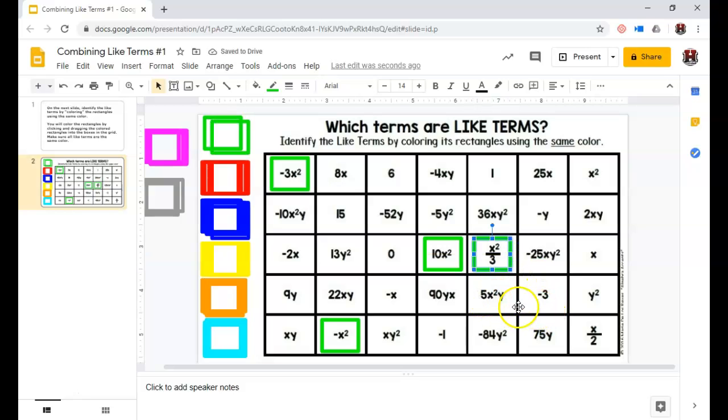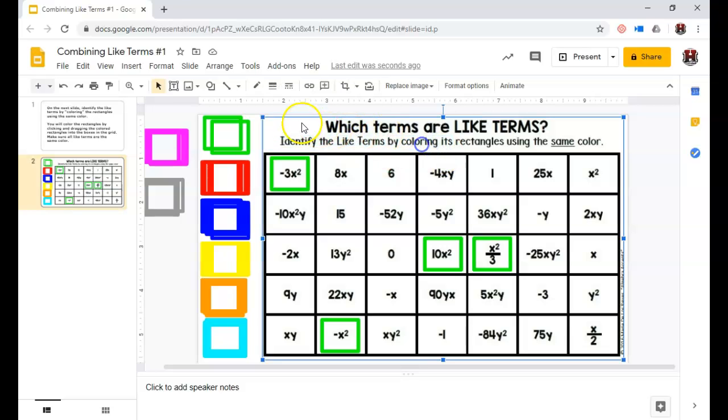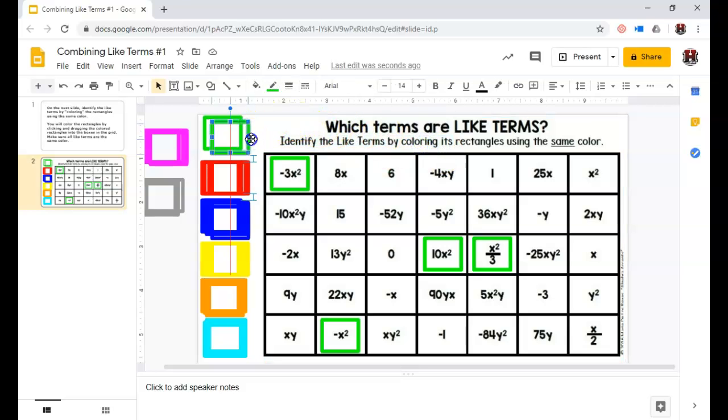This guy is close. He has x squared, but he also has that y, so that disqualifies him. Next column, I don't see any. Right here, x squared, his number part would be a 1. So 1x squared, so I'm going to grab a green rectangle for him. And that looks like all of them.